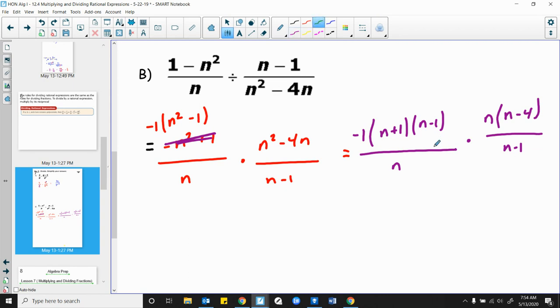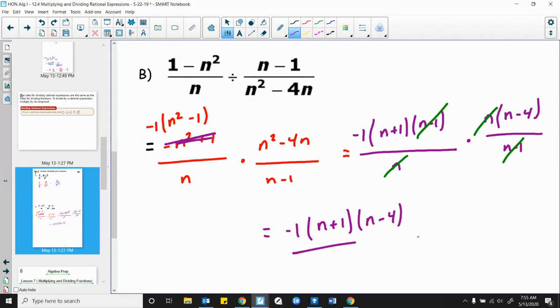Now, what cancels here? My n minus 1 and my n minus 1 are going to cancel, and my n and my n are going to cancel. And I'm left with my answer, which is negative 1, n plus 1, n minus 4.